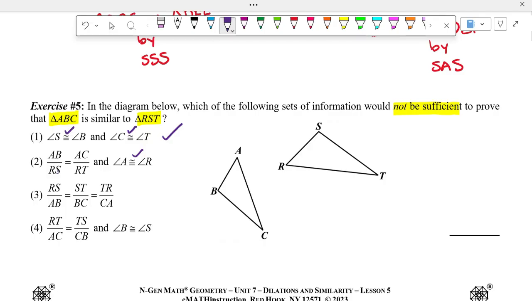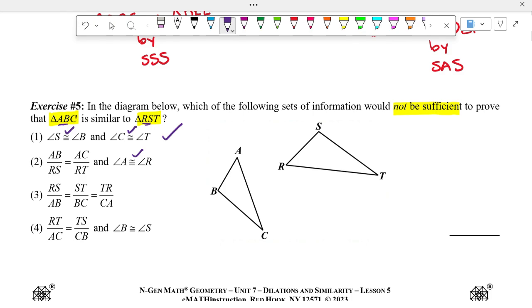Now, AB over RS. Are AB and RS corresponding first off? Are AB and RS next to each other in the line of how they're labeled? Yeah. AB, RS. So they're corresponding, and it says it's equal to AC over RT. So AC and RT, are those corresponding?